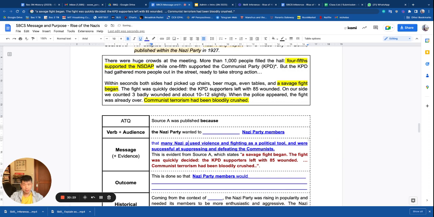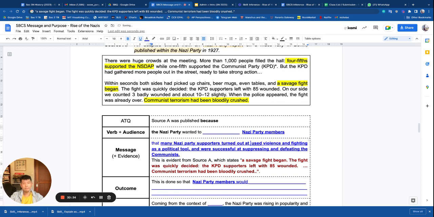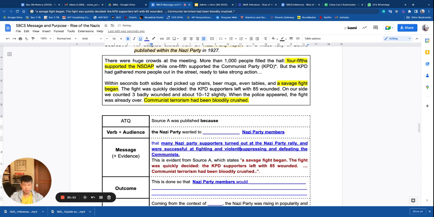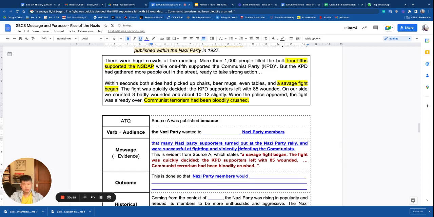Many Nazi party members turned out at the Nazi party rally, used violence and fight, and were successful at violently defeating the communists.